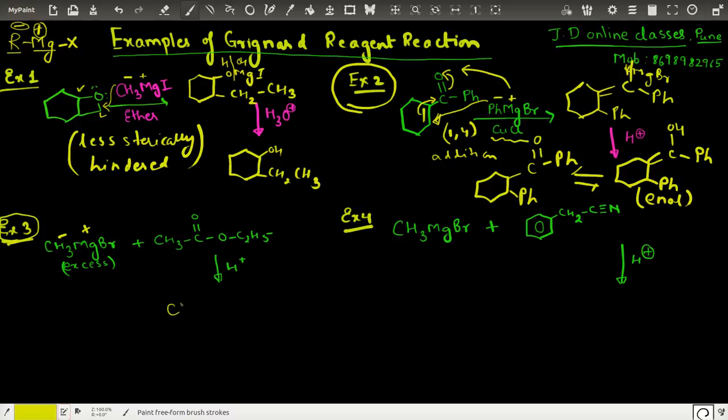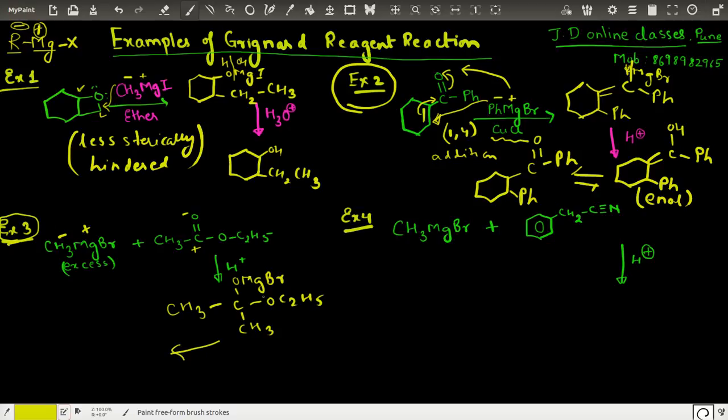It's a nucleophilic addition on the C double bond O. This is OMgBr. MgBr goes over here because it's plus and the oxygen is minus, and the CH3 adds onto this carbon. This is OC2H5. Now what happens when you hydrolyze this?